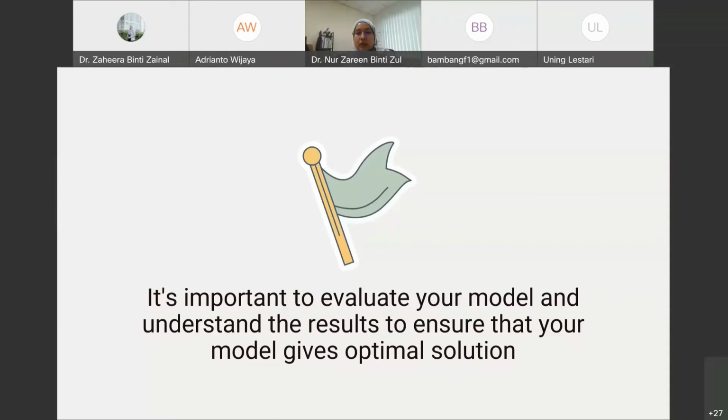But what is important is not just to get the results, right? Not just the recall, not just accuracy, F-score and all that. The numbers, of course, give some indication. But if you just see it as numbers without understanding what it is, then you wouldn't be able to ensure that your model gives optimal solution.